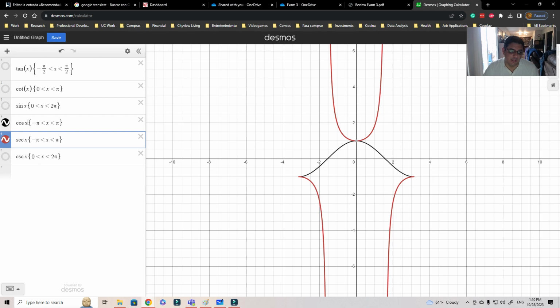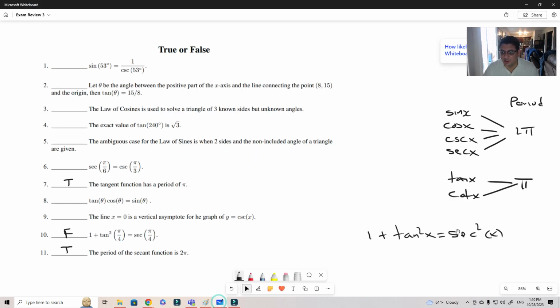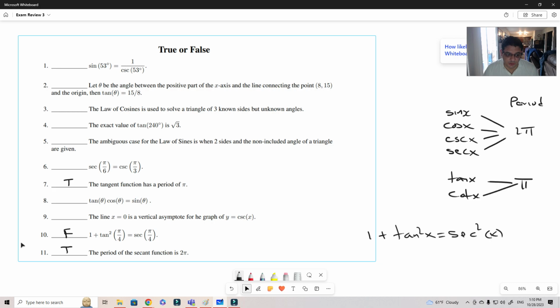So you can see cosine, secant, sine, and cosecant all have a period of 2 pi, but tangent and cotangent have a period of pi. That's why we can answer question 7 and question 11 affirmatively.